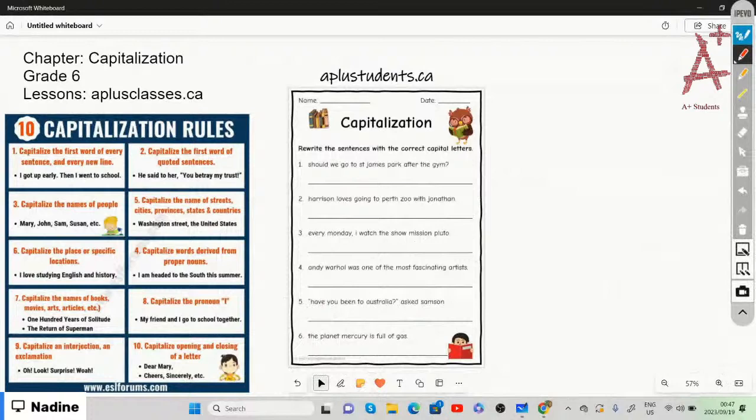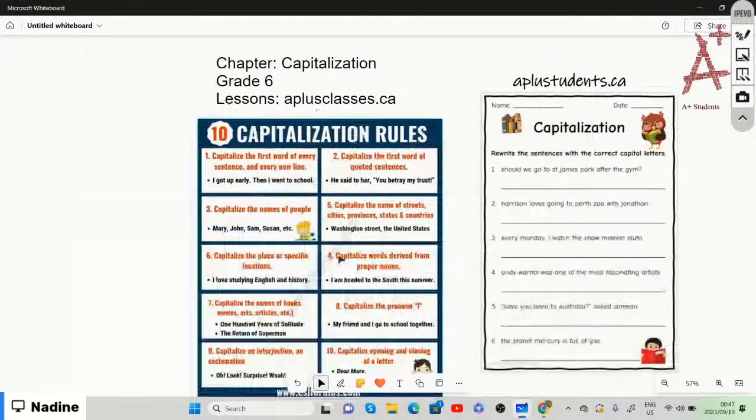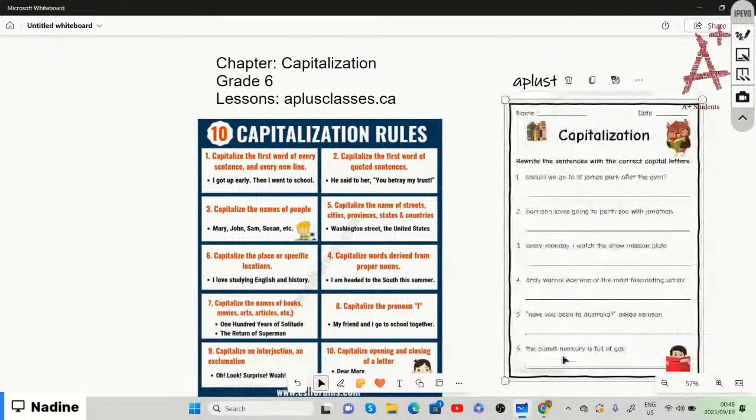But if we say I, then it needs to be capitalized, whether it is in the middle of the sentence, close to the end, or the beginning, because it is a pronoun. All right, so that is it on capitalization.